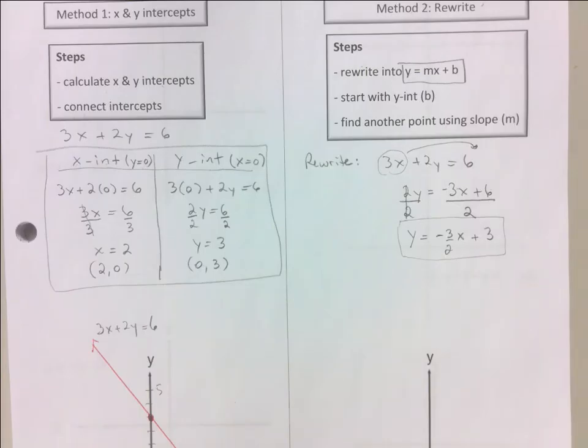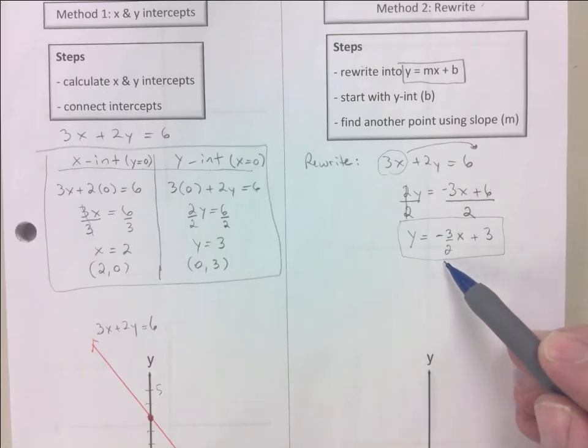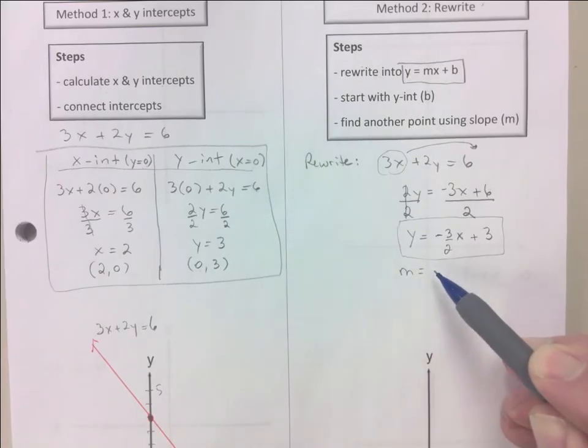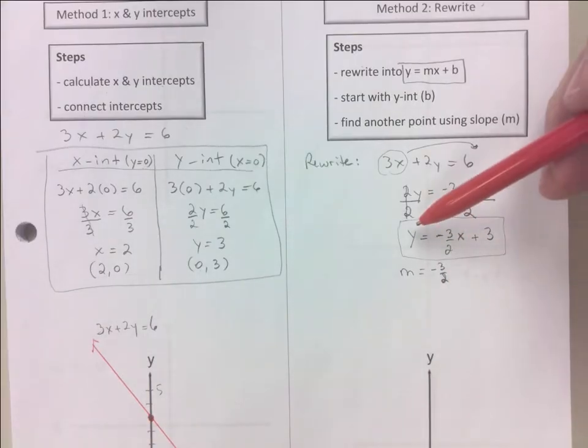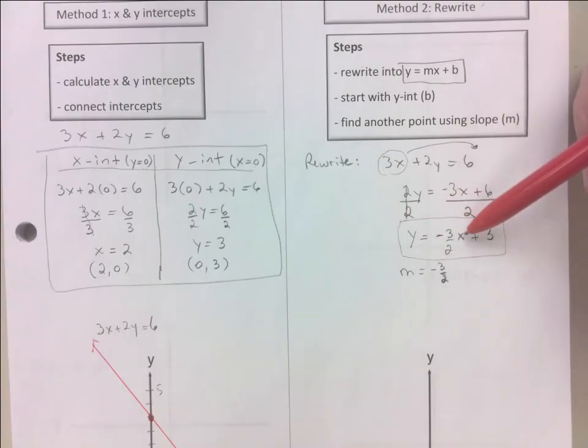I don't know if you remember that from last year. It turns out that this is m, okay? M is negative 3 over 2. It's our slope. Whatever's in front of x, that's our slope. We can tell that this is that diagonal scenario because we've got x and y.